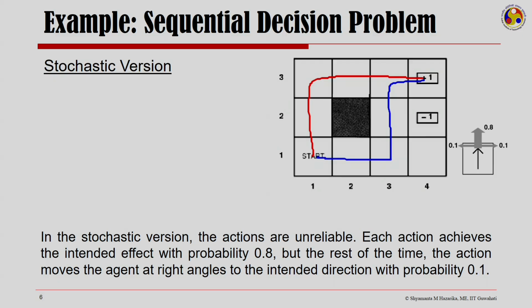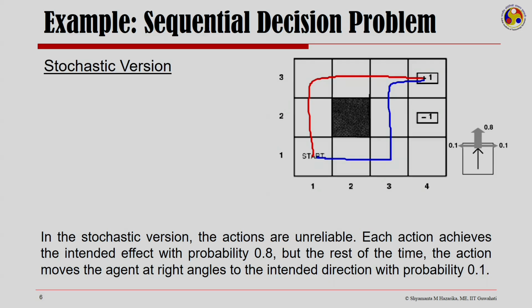Because the actions are unreliable, each action has the intended effect with certain probabilities: 0.8 when the agent goes forward and 0.1 when it goes at right angles.